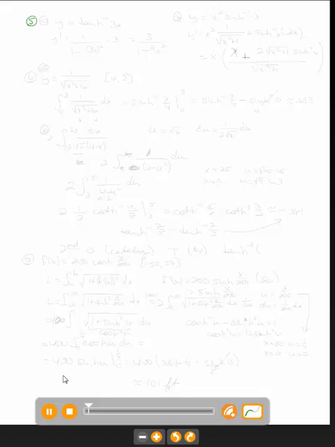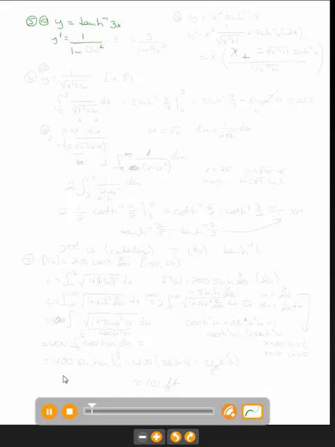So if we start with example 5 here, we're still in 7.7. They want us to take the derivative of the arc hyperbolic tan of 3x. So using the rule, it says the derivative of this is going to be 1 over 1 minus x squared.